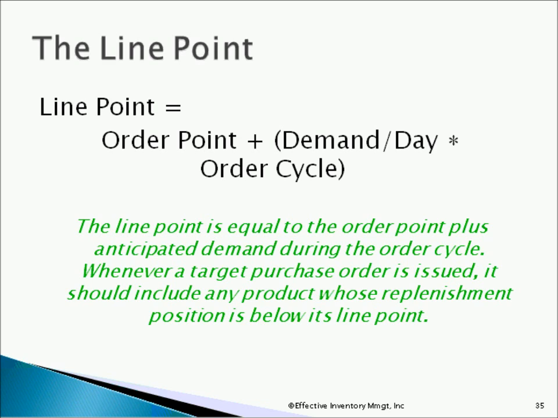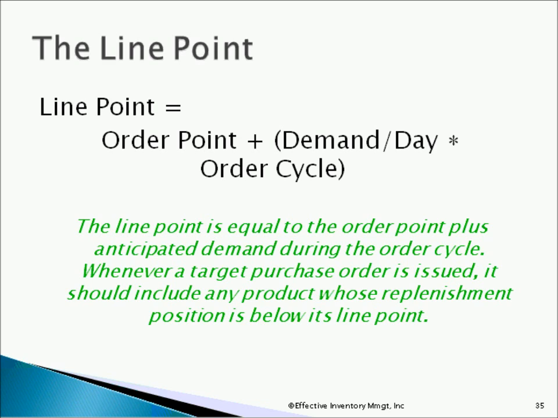Now, how is this important? Well, this is going to allow us to calculate our second parameter that I am going to call the line point. The line point is the order point plus our anticipated demand during that order cycle. This is a second minimum quantity.